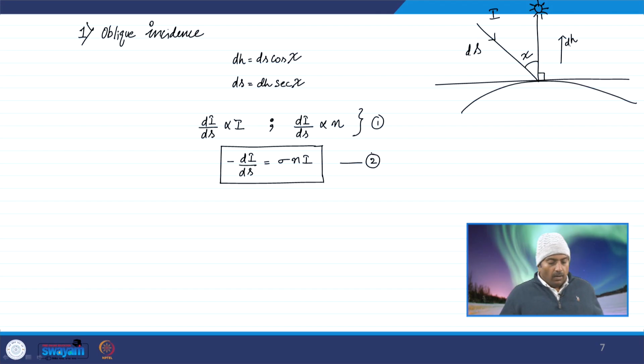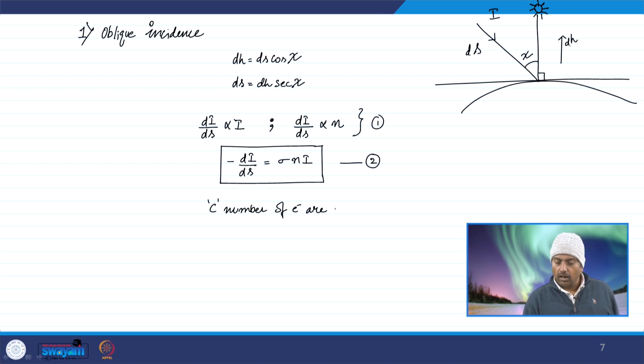Now, let us say we take C number of electrons, just a variable to use in our derivation, produced by each unit of energy.